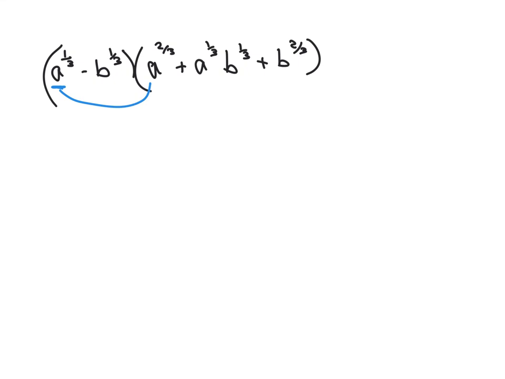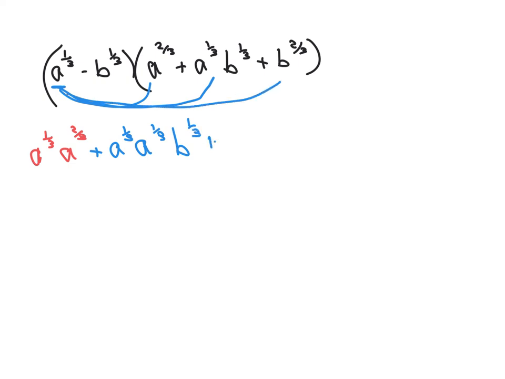So let's look at that. We have a to the 1/3, a to the 2/3. So that was the first one. Now let's keep with the blue and do it times that. Plus a to the 1/3, a to the 1/3, b to the 1/3. Okay, and then that one. Plus a to the 1/3, b to the 2/3.